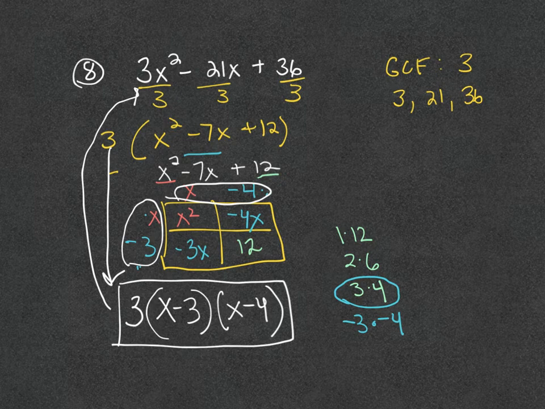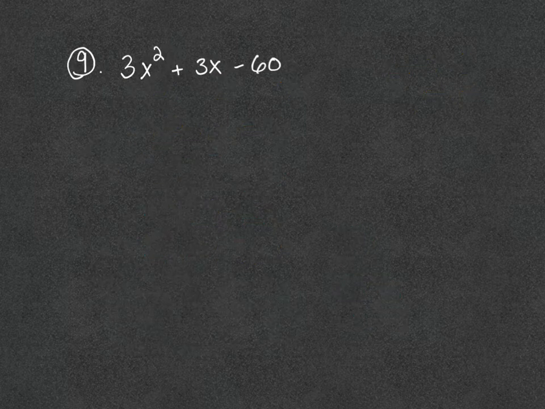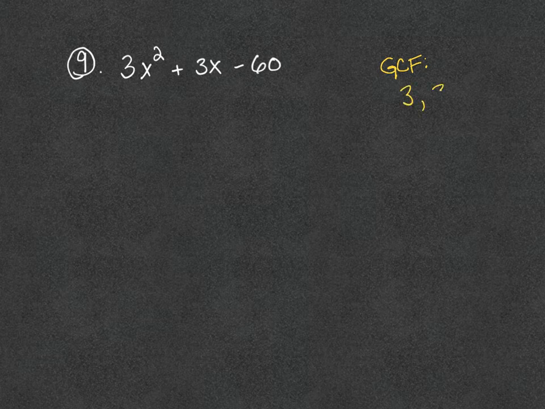Let's look at one last problem. All right, so I have 3x squared plus 3x minus 60. So I'm going to start by asking myself, what is the greatest common factor? And the greatest common factor between 3, 3, and 60 is going to be 3.